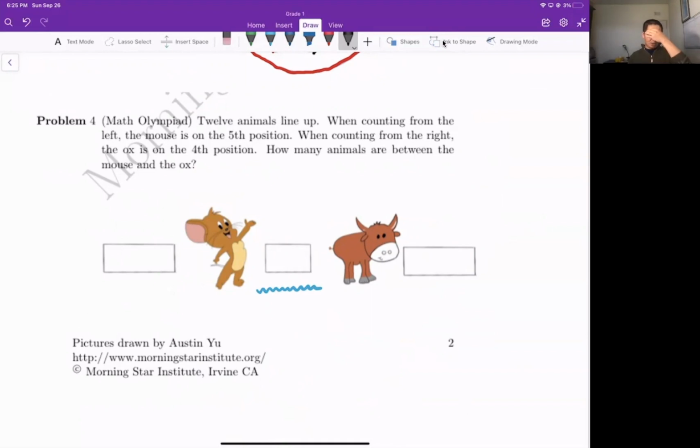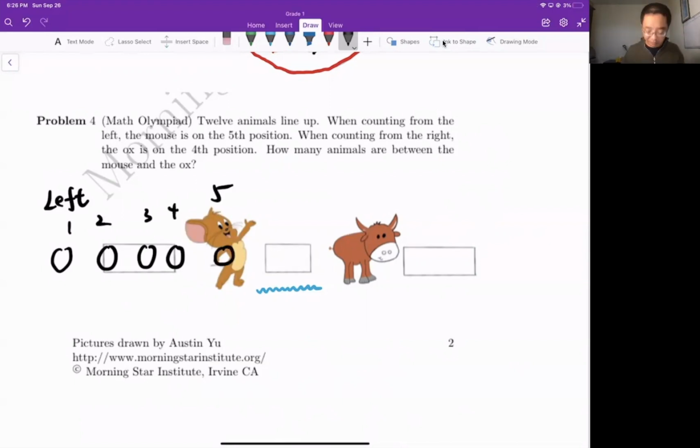Let's see. We count from the left, right? The mouse is on the 5th position. So 1, 2, 3, 4, 5. And then we count from the right.